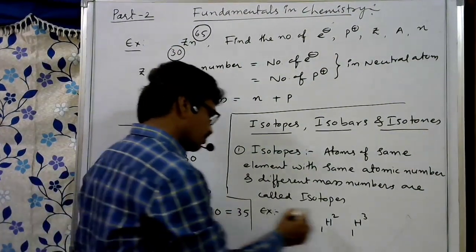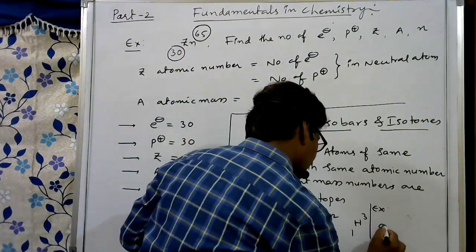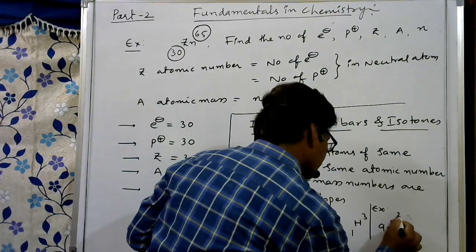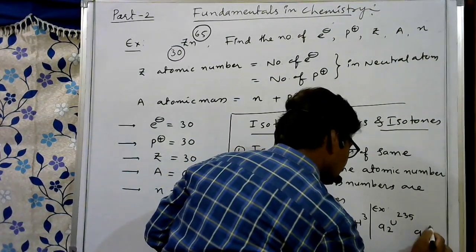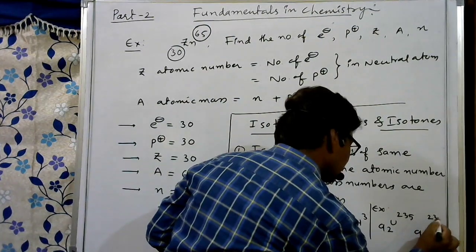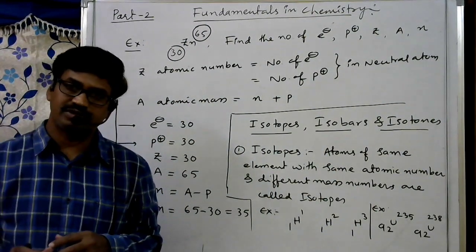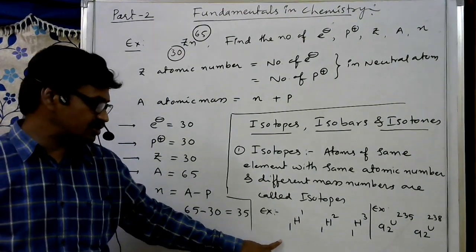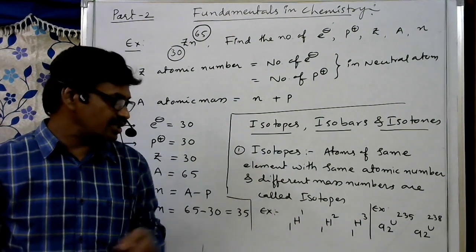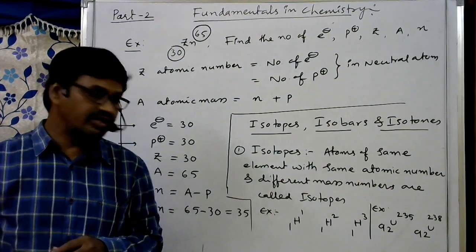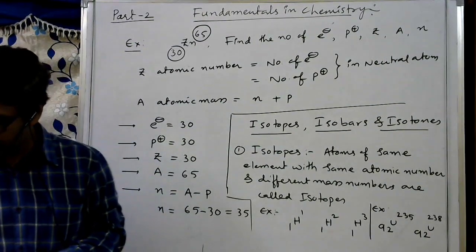This is one example. Then one more example I am giving: 92 uranium 235 is one, and the other one is 92 uranium 238. These are also isotopes. The first example is 1H1, 1H2, 1H3, and the second example is uranium 235 and uranium 238.